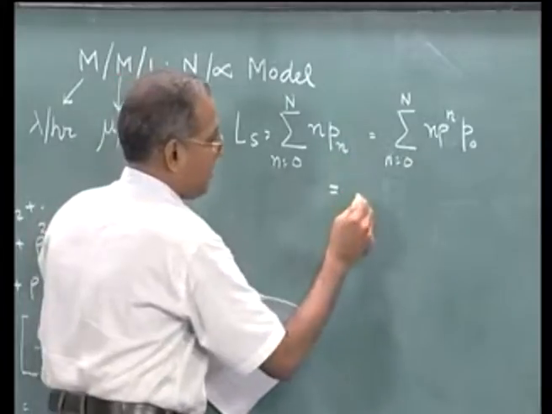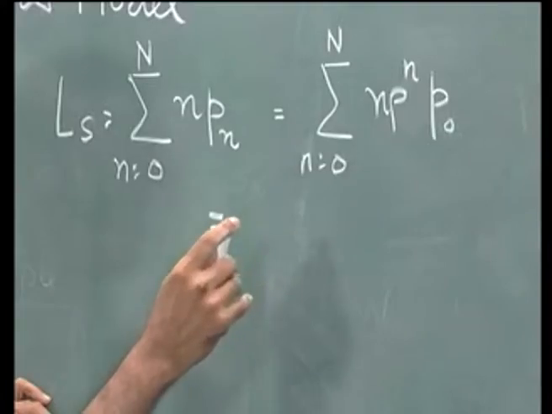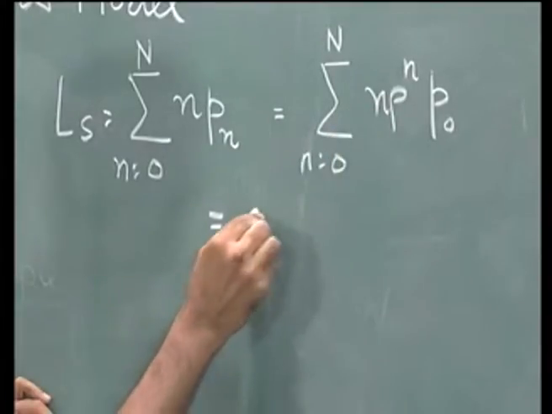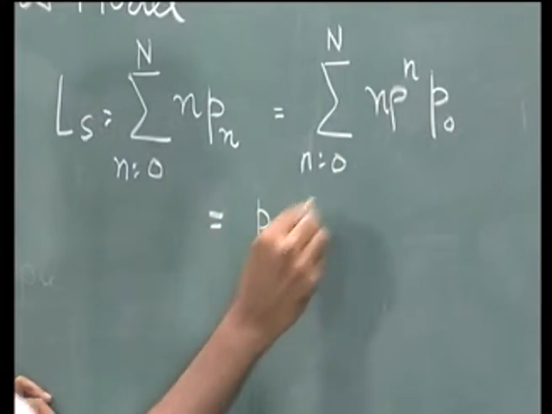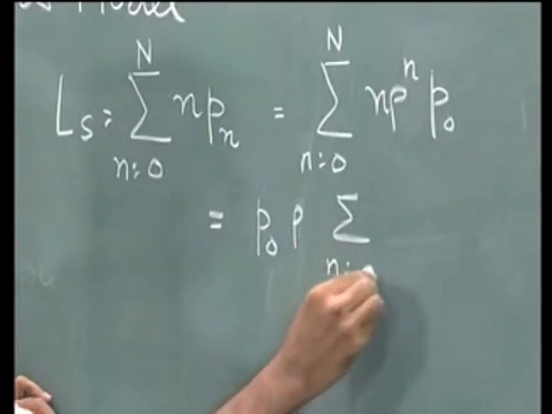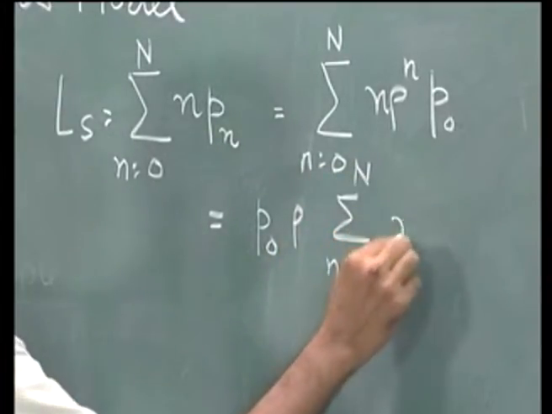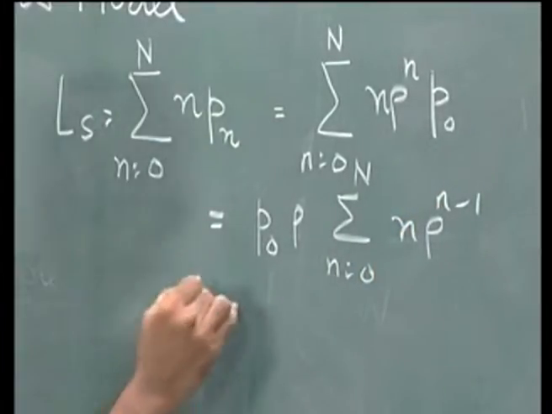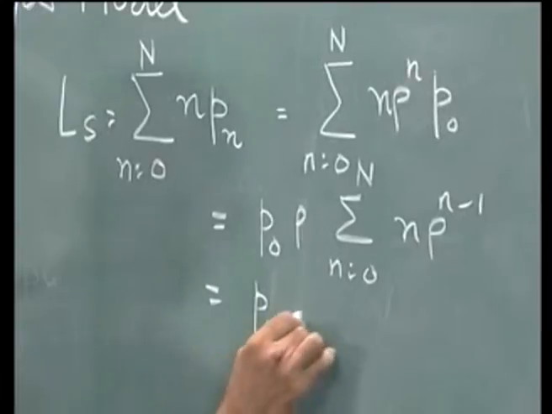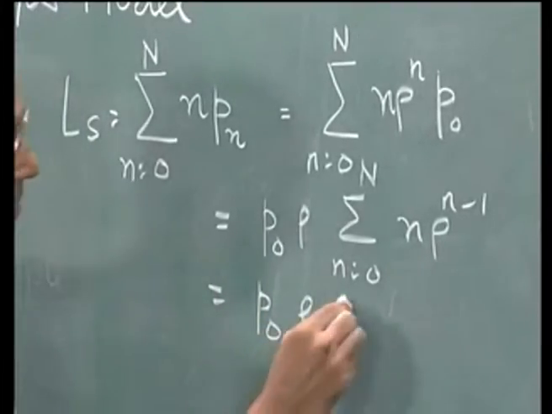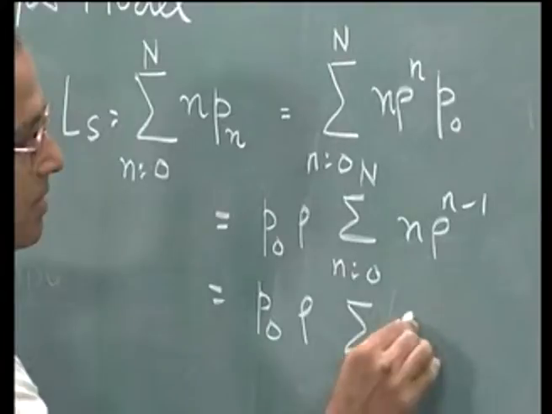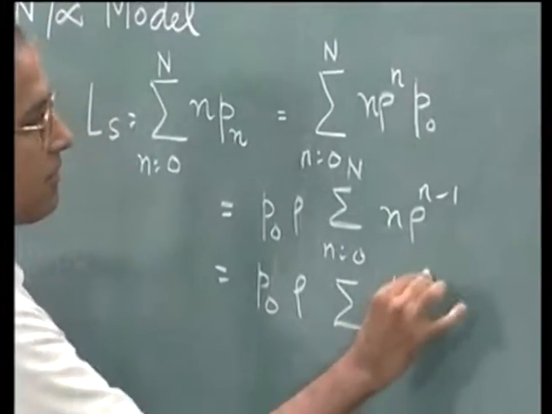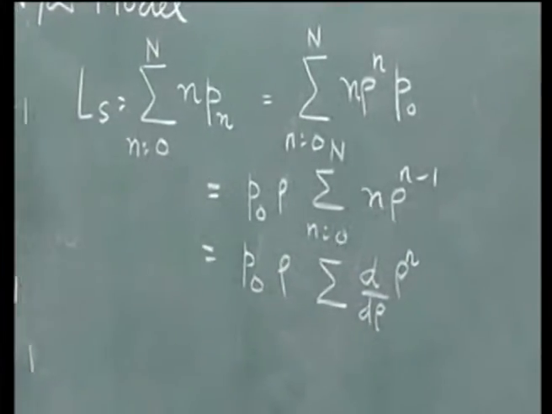Now we take P naught outside and a rho outside. So, P naught into rho sigma n equal to 0 to N n rho power n minus 1. Now, this is P naught into rho into sigma d by d rho of rho to the power n.